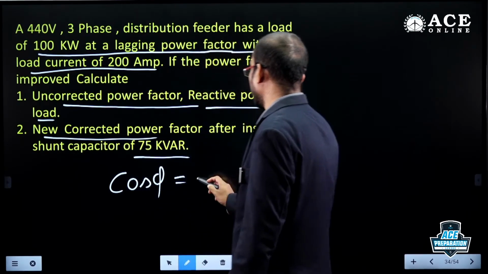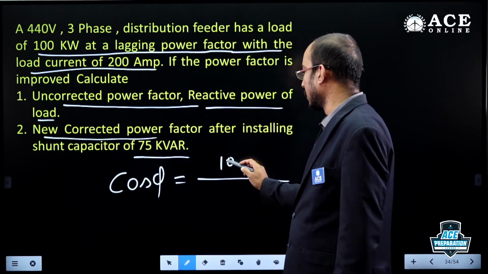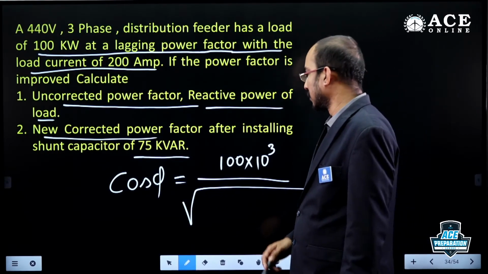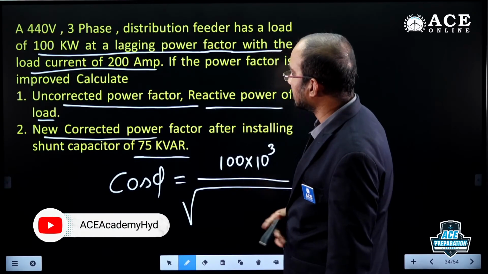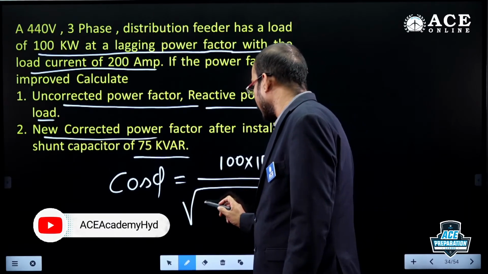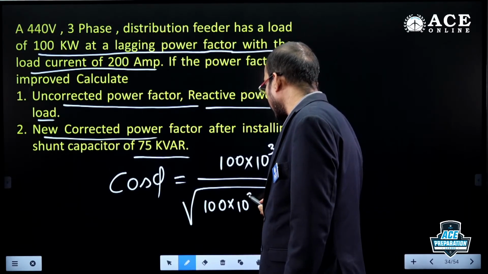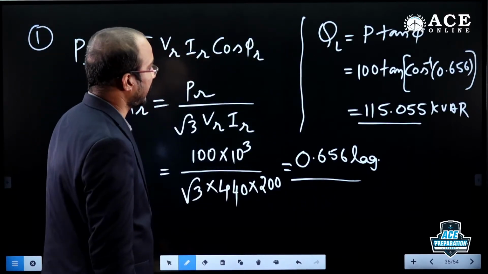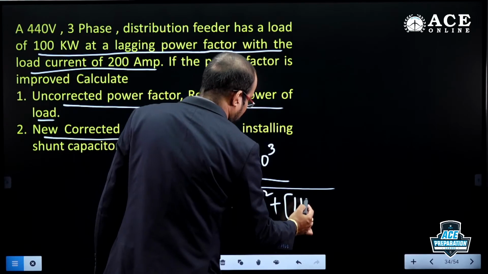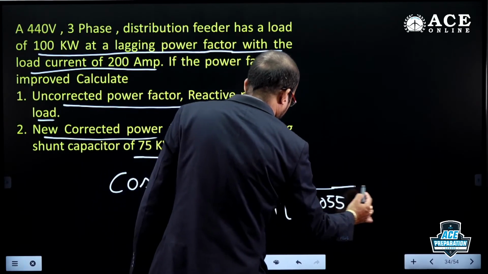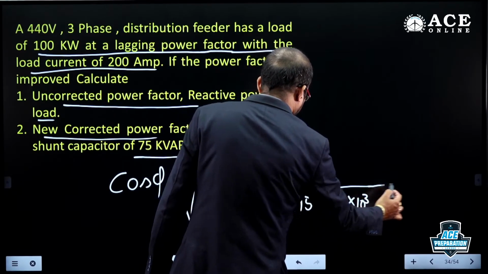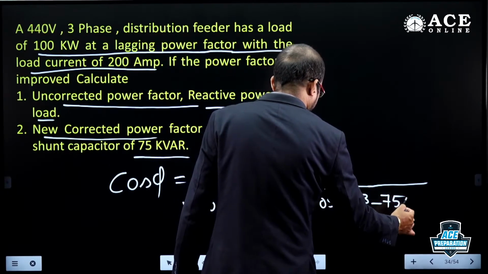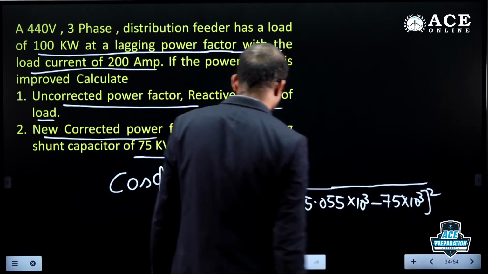This is equal to the real power, that is 100 kilowatt, 100 into 10 power 3, divided by the square root of P square, (100 into 10 power 3) square, plus QL, that is 115.055 into 10 power 3, and minus the kVAR supplied by the shunt capacitor, 75 kVAR, that is 75 into 10 power 3, whole square.